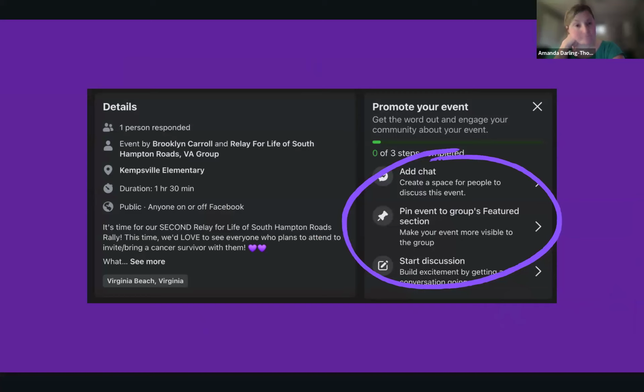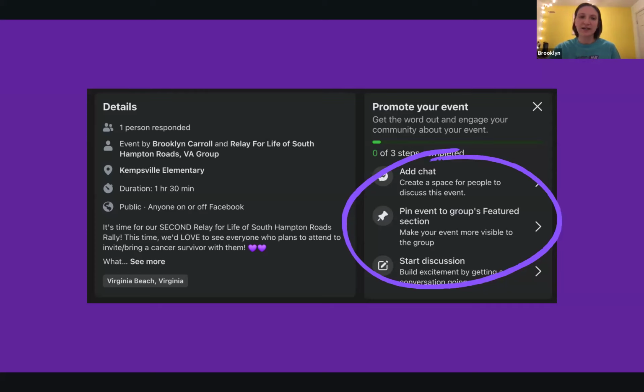Okay. This slide I wanted to point out, and I think someone in the chat mentioned this, Karen. After you create your event, or even if someone posts something important within your group, but specifically for events, this automatically comes up, and on the right hand panel it'll say pin event to group's featured section.